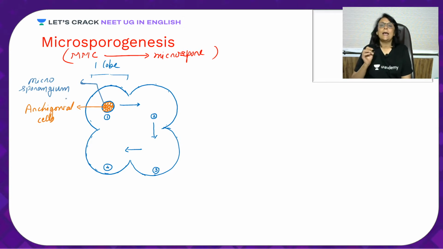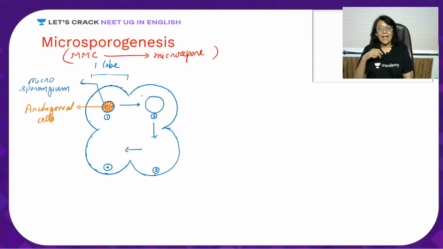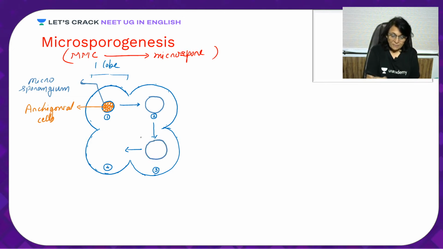Now as the anther matures, the entire structure is going to grow in size. So when the entire structure grows, even the sac-like structure becomes bigger. So the sac becomes bigger, here also it becomes bigger, and here it becomes bigger.